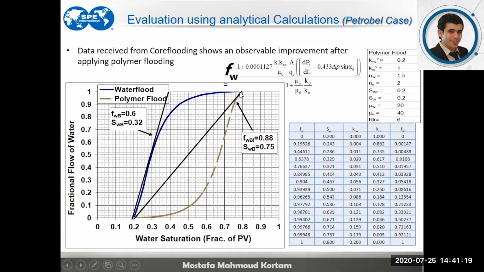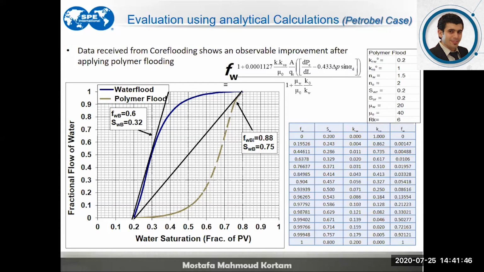But it might be that this will not actually be the case, because the polymer downhole is subjected to degradation. There is some mixing and dilution with the water in the reservoir, and also a reduction of the mobility. So the mobility we designed and considered in this equation, 0.5, may not be what is actually happening downhole in the reservoir.